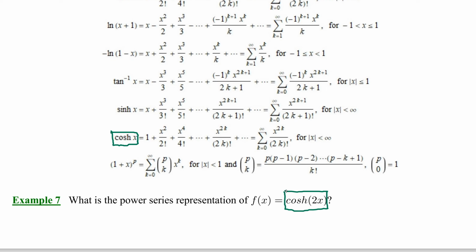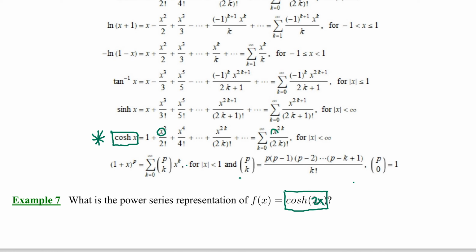So on example 7, we want to know what is the power series representation of f of x equals hyperbolic cosine of 2x. Well, in our formula list, we have the expansion of hyperbolic cosine of 1x. And we want to figure out what's the expansion for hyperbolic cosine of 2x. So what we're going to do is replace the x's with 2x, right?